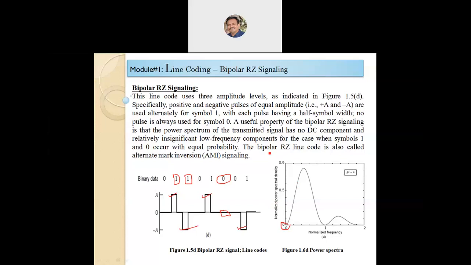So the bipolar return to zero line code is also called alternate mark inversion, AMI signaling.